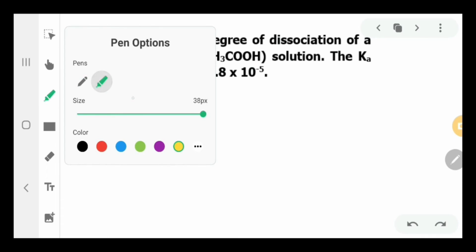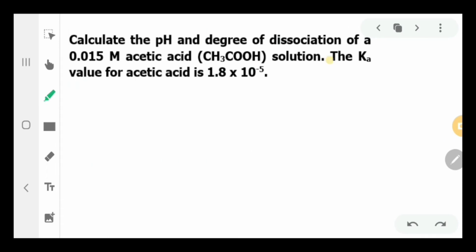If the value of Ka is given, for example here, the question gives you the value of Ka, this is the clue that it is a weak acid. So when you see Ka value is given, automatically your brain needs to switch to the ICE table.